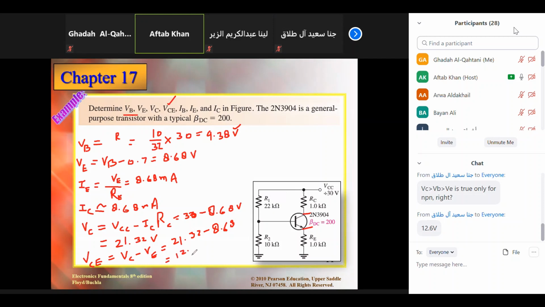All right, so what else is remaining? IB. For IB, girls, the formula for the gain, hope you remember, that was beta DC, which is IC over IB. Okay, do you know beta?